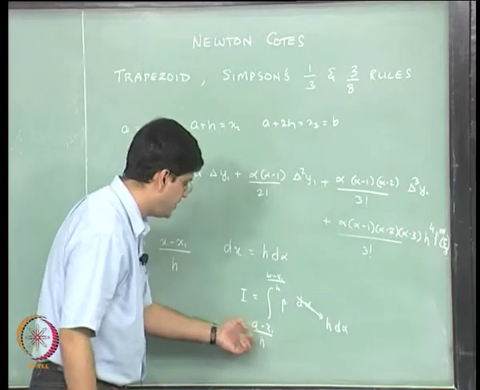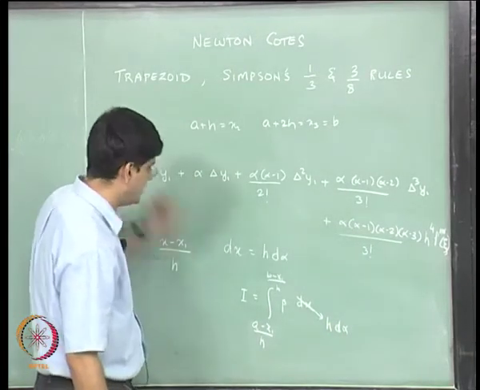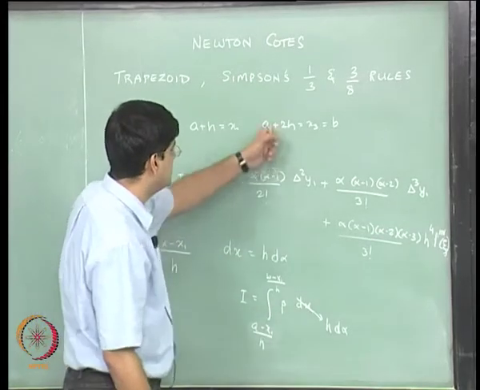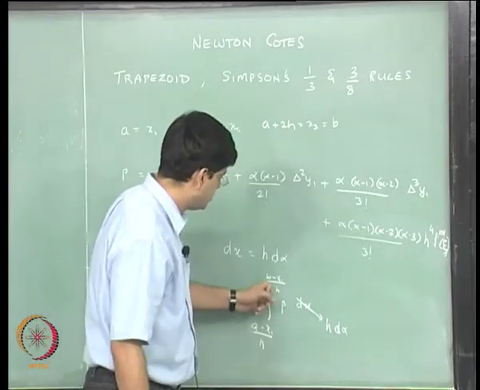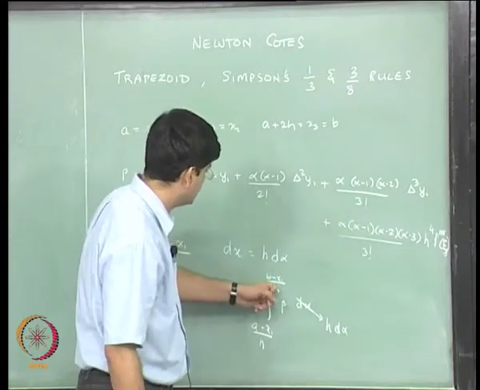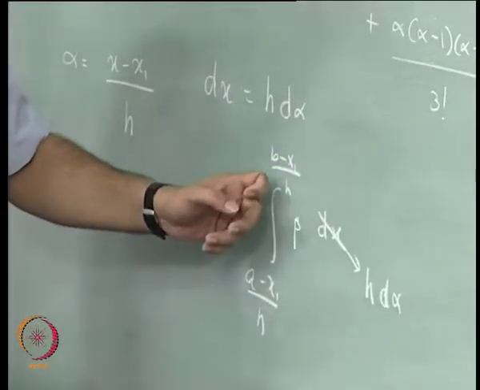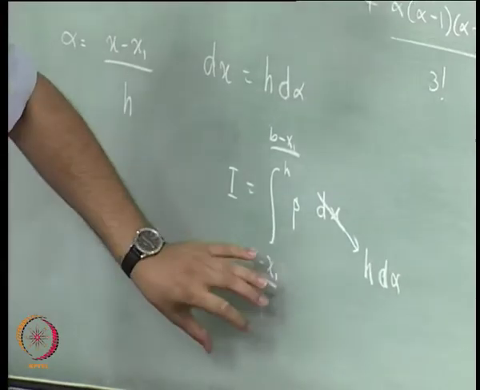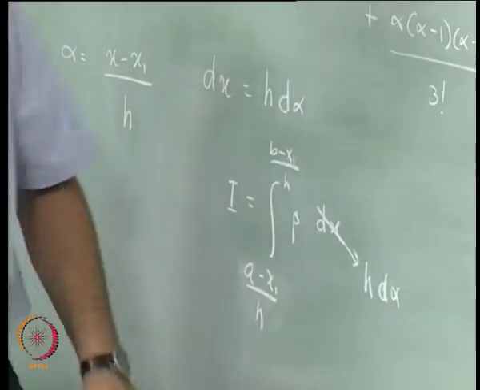Where a is nothing but our x1, so this is 0, and b is a plus 2h, so that is a plus 2h minus a, divided by h, which is 2. So that is why we get 0 to 2 of p multiplied by h d alpha.